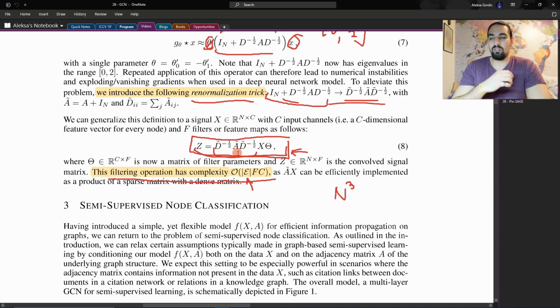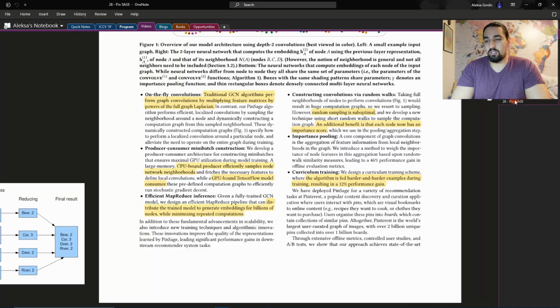They're saying you need to store this whole huge adjacency or Laplacian matrix, which is n by n, where n is the number of nodes, and in the case of Pinterest we have like 3 billion nodes at the time the paper was written, so that's not an option at all. Let me get back here.